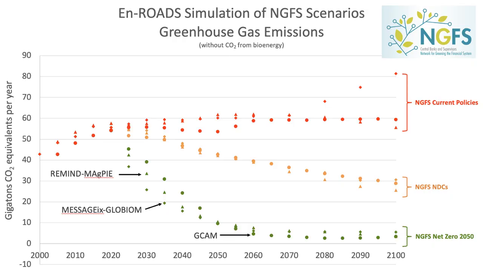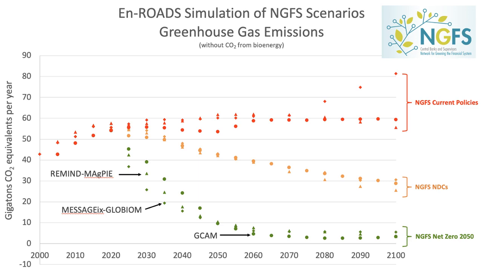Climate Interactive tested the model against a suite of large integrated assessment models, or IAMs, from research laboratories around the world. Here is a graph from 2000 to 2100 for greenhouse gas emissions from 3 of those integrated assessment models in an effort that was pulled together by the Network for Greening the Financial System.